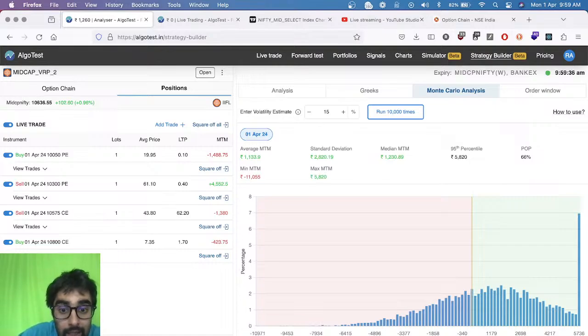I'm also going to be unlucky a few times, so I'll realize my maximum loss at some point, which is close to 10,000 rupees. And I'll also make my maximum profit at some point, which is 5,000 rupees. These are just individual paths that mid-cap has taken, assuming it's moving at this particular volatility.